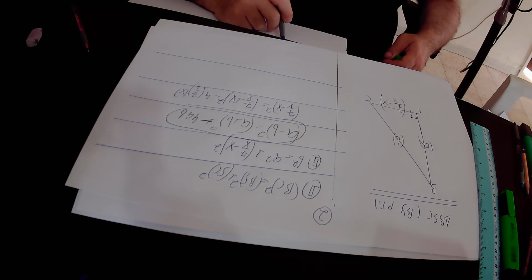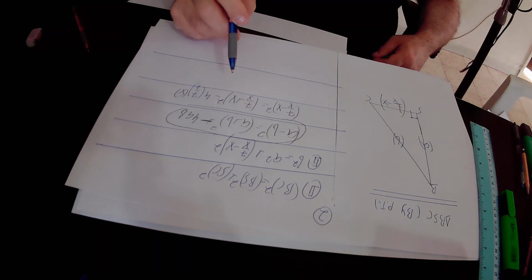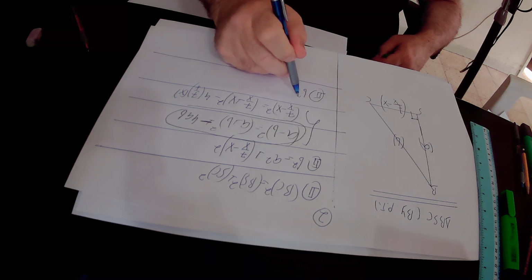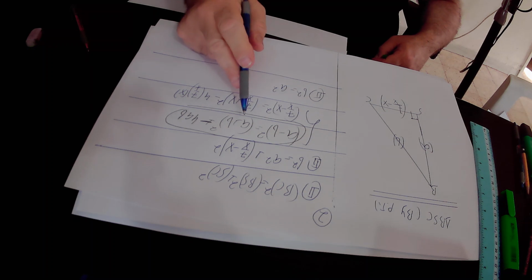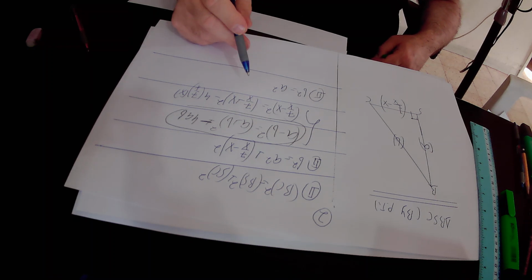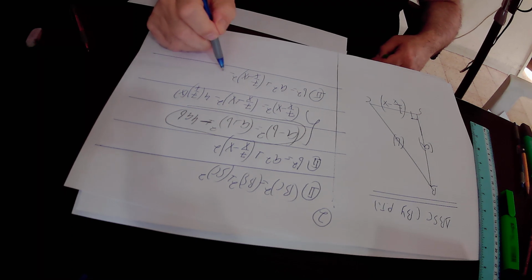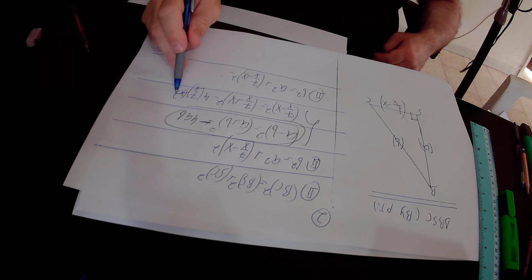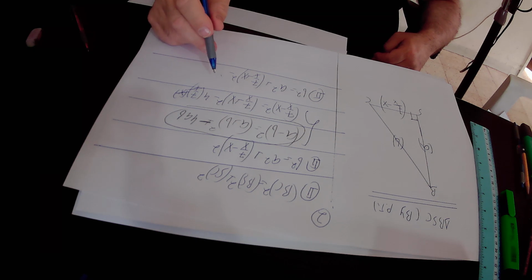Okay, so actually we can substitute 7 over X minus X square in equation 2 by 7 over X plus X square minus 4 times 7 over X times X. We will do it now, and we get that according to equation 2, B square equals A square plus 7 over X plus X square minus 4 times 7 over X times X. Here we have X in the numerator and X in the denominator, so X gets cancelled, and we are left only with minus 4 times 7, that is minus 28.